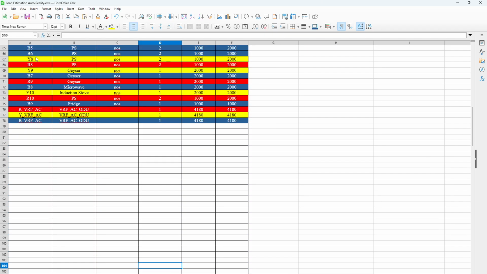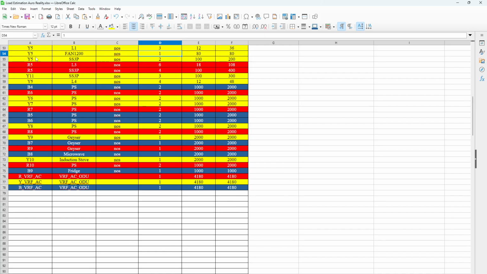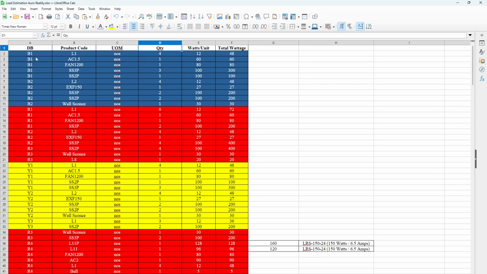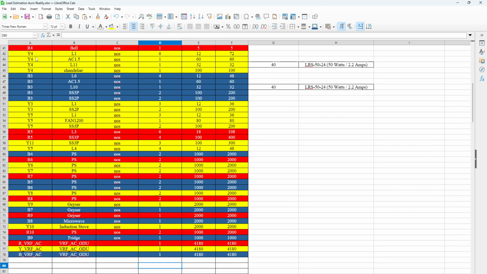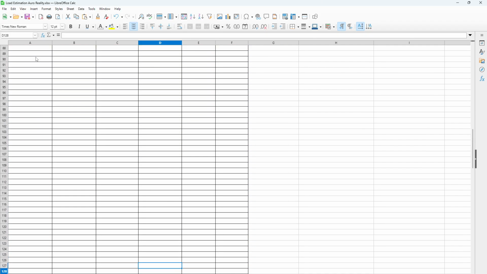This is all the connected load for this house. You see, so many equipments are there.